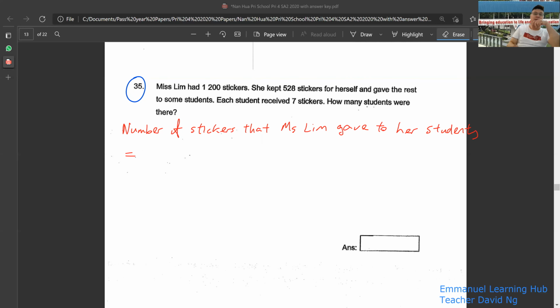It's quite straightforward. 1200 minus 528. Very good. So you minus, you write down the answer, then divide by 7. Yes. So equal to what?